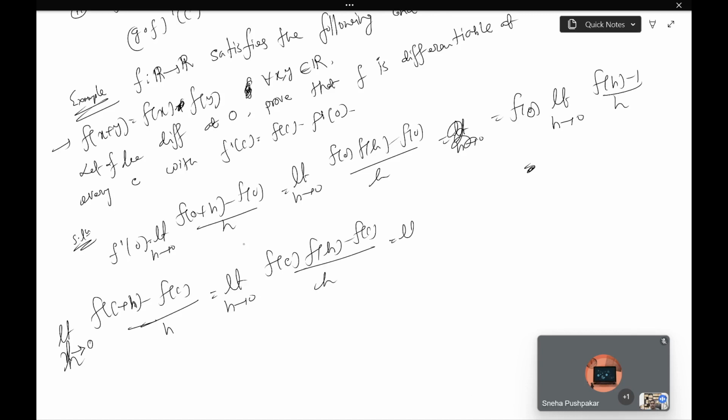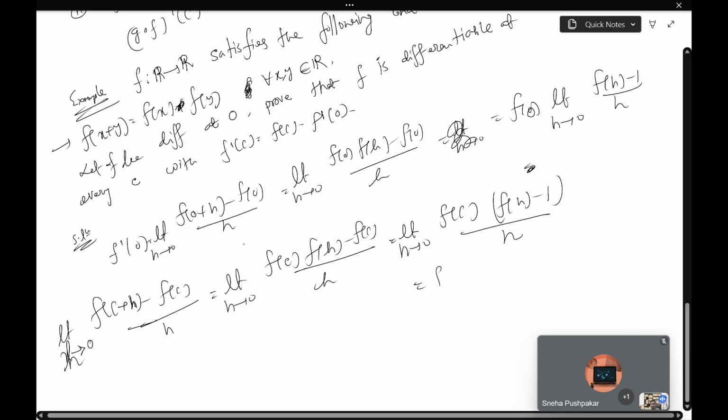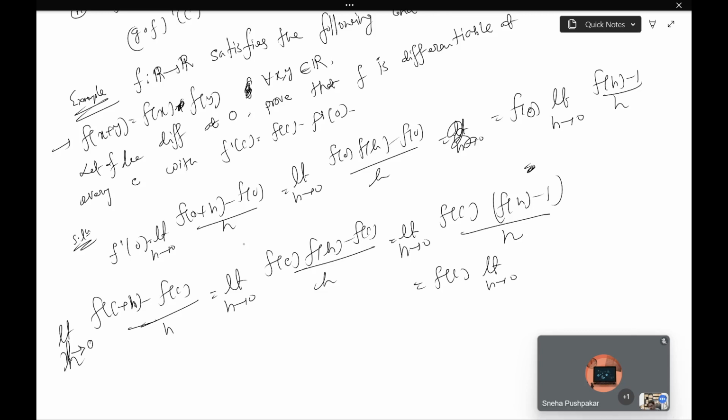This is equal to the limit h goes to 0 of f of c into f of h minus 1 by h, which is f of c times the limit h goes to 0 of f of h minus 1 by h.